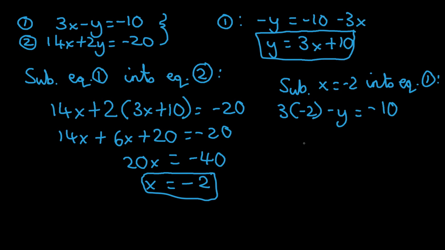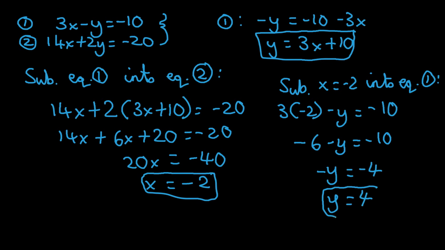Expanding this bracket, negative 6 minus y is equal to negative 10. Adding 6 to each side, negative y is equal to negative 4. So y is equal to 4. I'll say again, always check your answers if you have time in your exam.